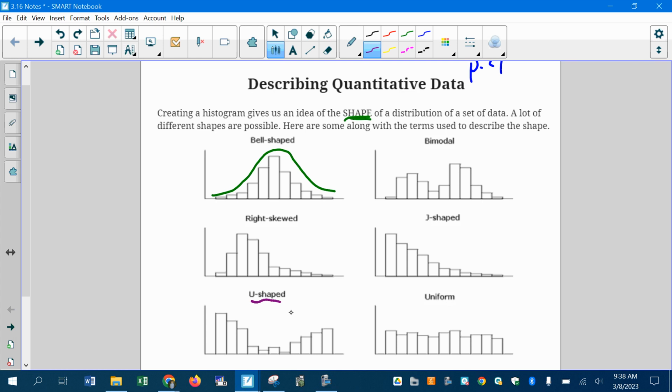Sometimes you see U-shaped. It's not as common, but it's basically kind of the reverse. Uniform just means it's kind of flat. Sometimes you'll get a histogram that just looks flat.